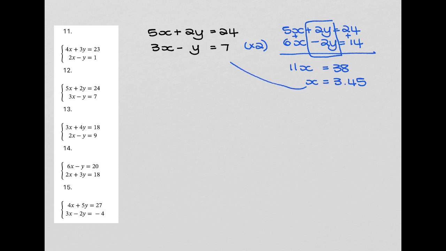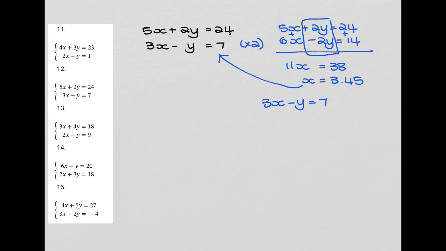Back to the top, I'm going to put it back into that equation. So I'm going to say 3x minus y equals 7. But I now know that x is 3.45. So I'm going to say 3 times 3.45 minus y equals 7.